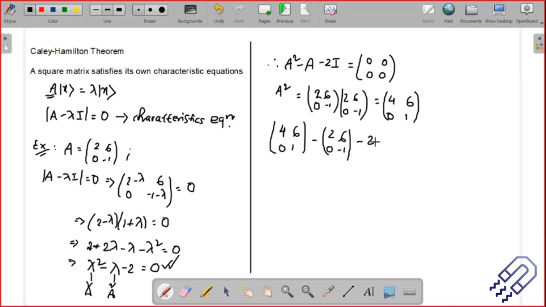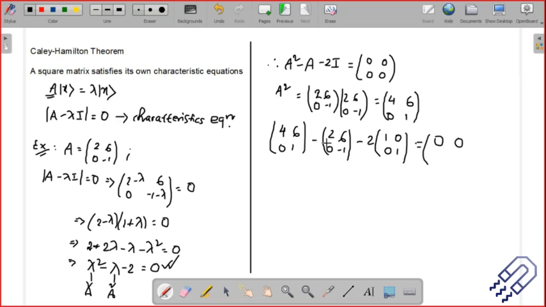Minus 2 times 1, 0, 0, 1. Right? And this is 0, 0, 0 or not. Let's check this. 4 minus 2 is 2, 2 minus 2 is 0, so that's 0. This is 6, this is minus 6, 6 minus 6 is 0, then minus 2 into 0 is 0.